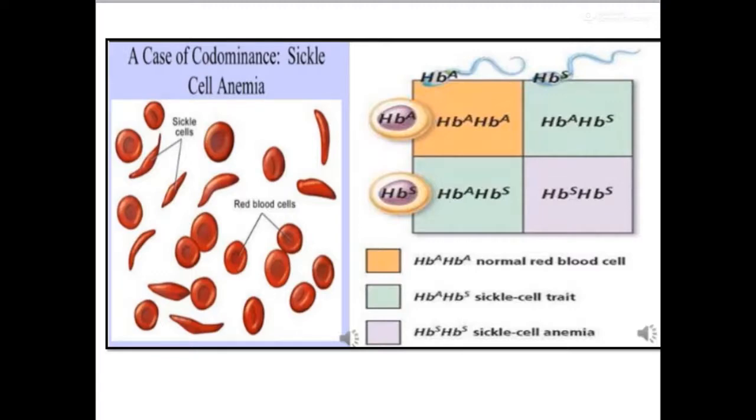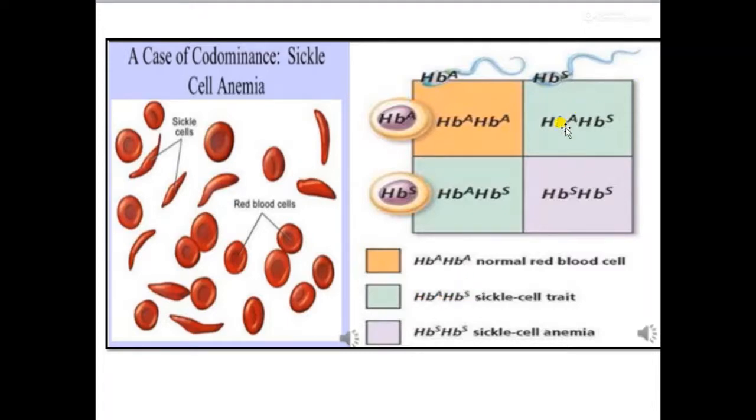Now, in a normal person, in normal red blood cells, HbA and HbA, that is a homozygous type of genotype, is present. But sometimes in the case of sickle cell trait, you can have HbA and HbS.